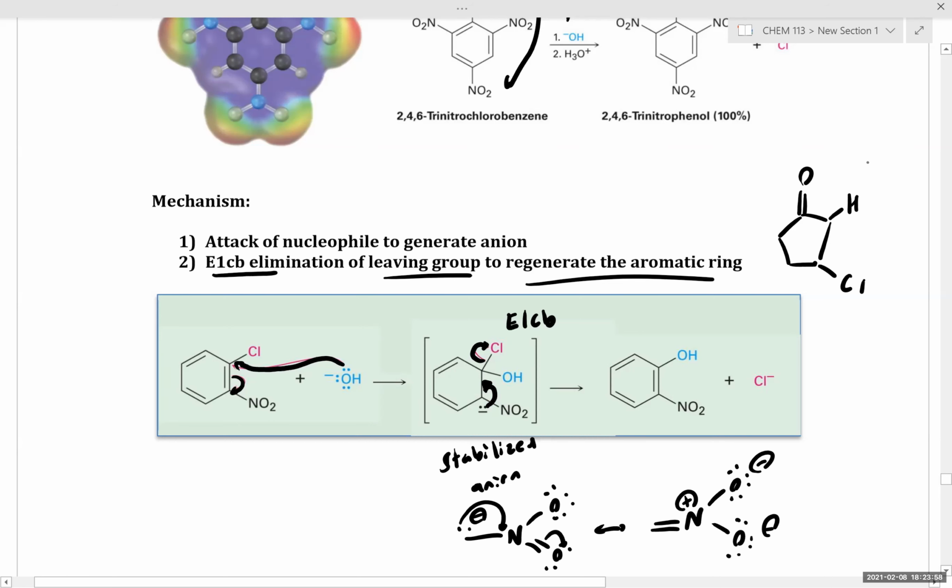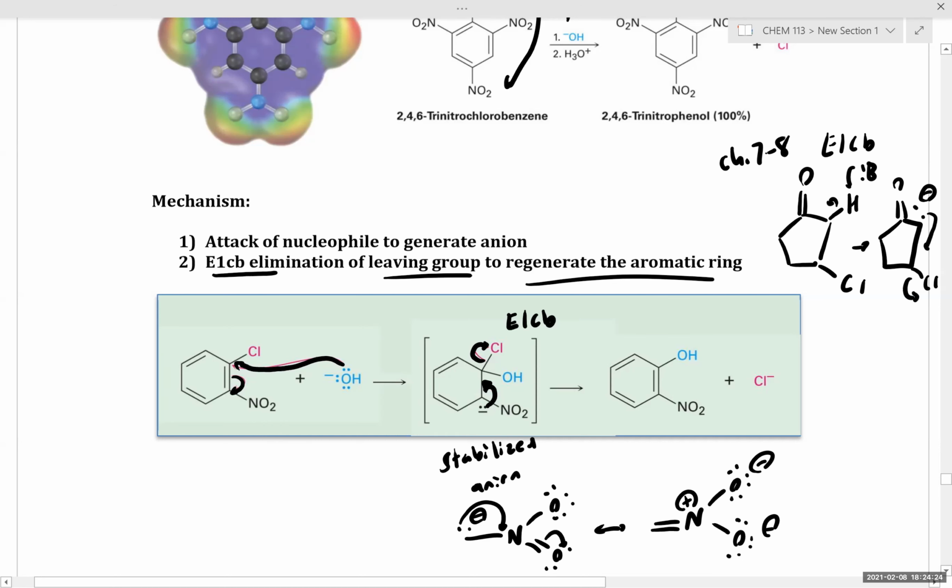You pull off your proton with a base. And once you have your anion generated, that anion, which is resonance stabilized, then kicks down and we lose our leaving group. So this is the textbook E1CB. This is also mentioned in chapter 7 and chapter 8, I believe.